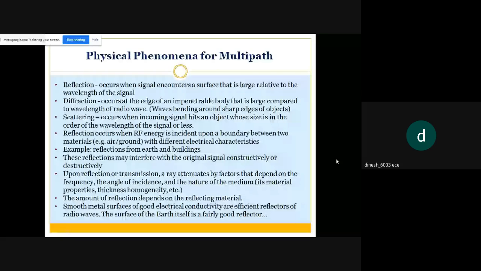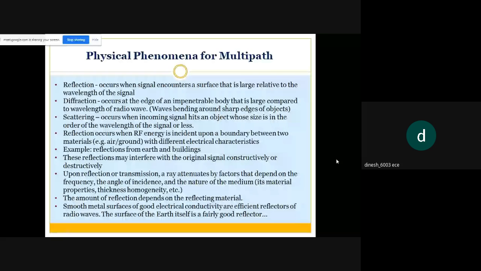So a ray attenuates by factors such as frequency, the angle of incidence, and the nature of the material with respect to its thickness.